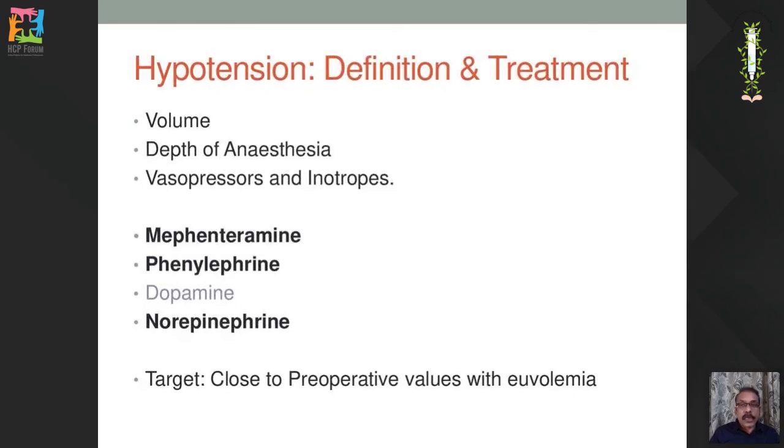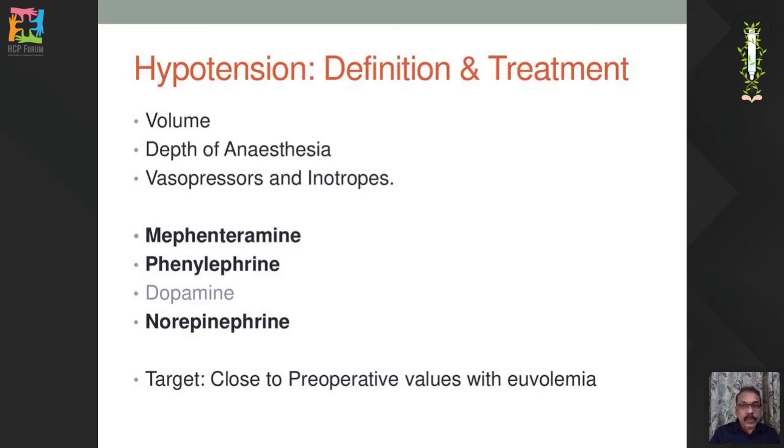Now, hypotension definition and treatment. When there is hypotension, you have only 3 choices: volume, depth of anesthesia, and vasopressor or inotropes. The choices here are mephentermine, phenylephrine, or norepinephrine. And what is the target blood pressure? As I already said, as close as possible to the preoperative value, or within 20% of the preoperative value, with euvolemia.